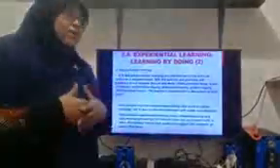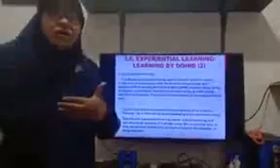And then, based on Banchi and Bell in 2008, they provide these levels of inquiry. First, confirmation, and then structured, guided, and the last one is open, or true, inquiry. The teacher's involvement decreases at each level of inquiry.